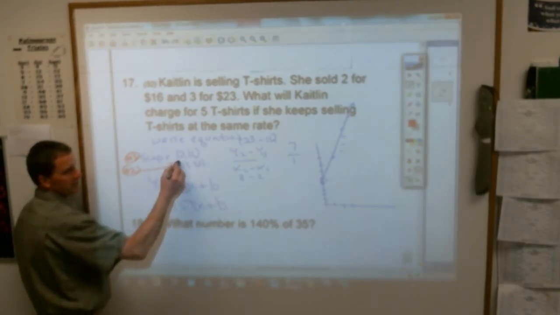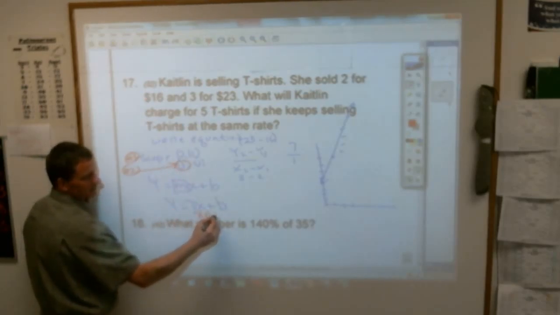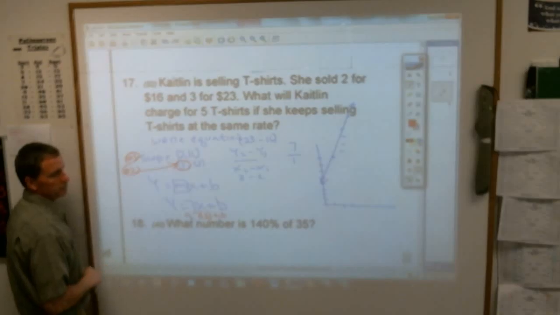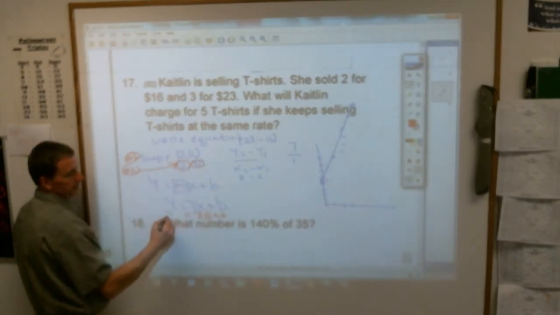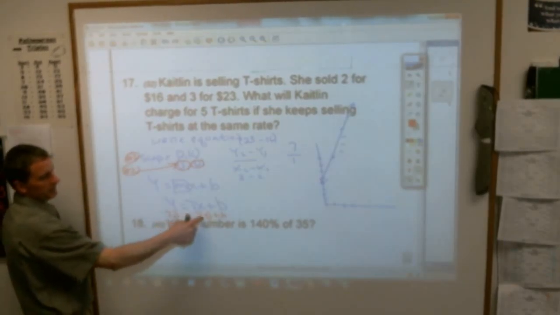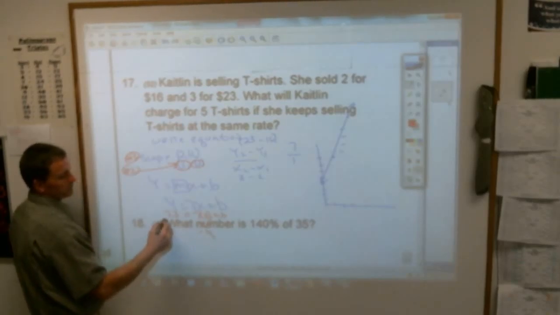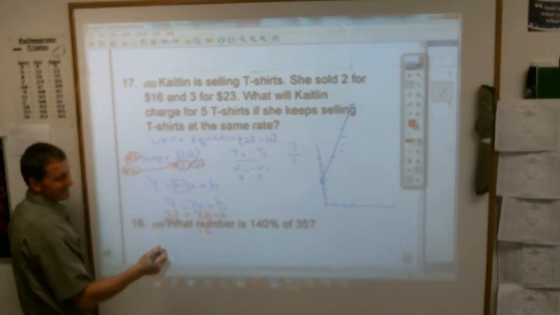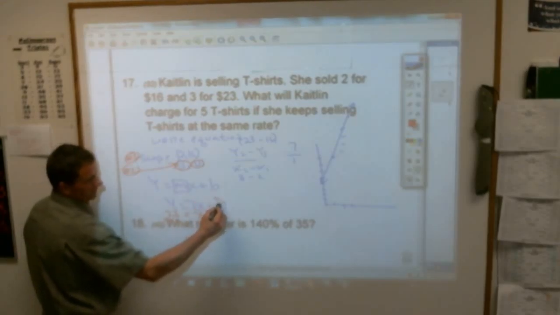I know that x is 3 here, so I put 7 times 3 plus b equals y, and y is 23. And then solve that for b. What is 7 times 3? 21. If I subtract 21 from both sides, b equals what? Yeah, b equals 2.